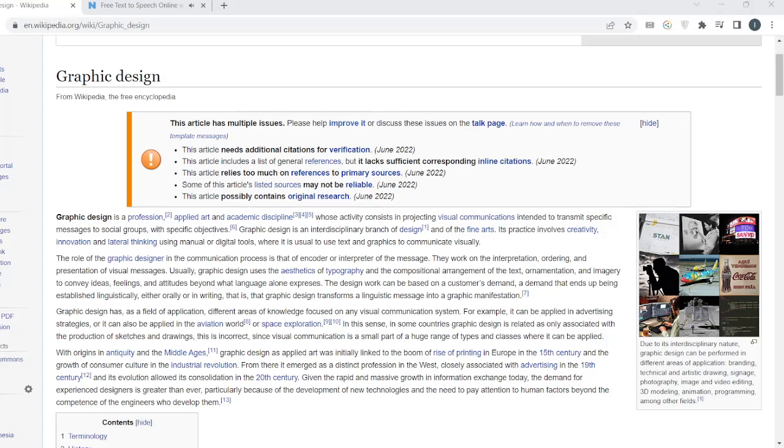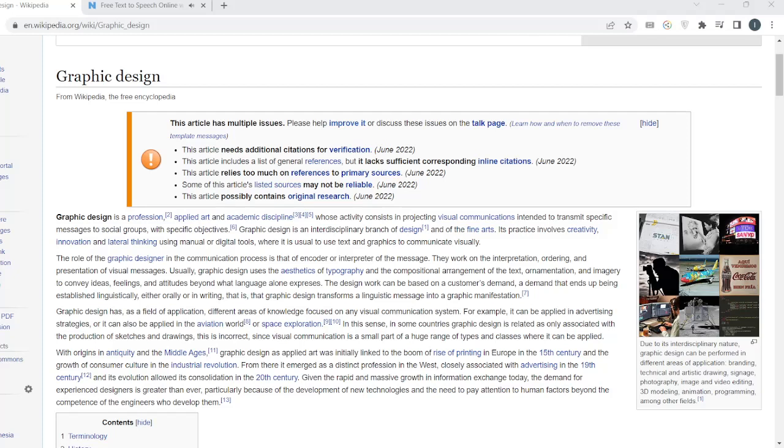They designed buildings, theater sets, posters, fabrics, clothing, furniture, logos, menus, etc.